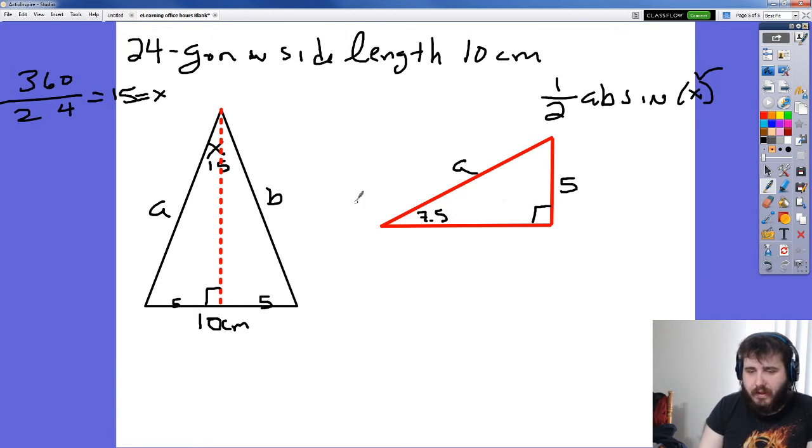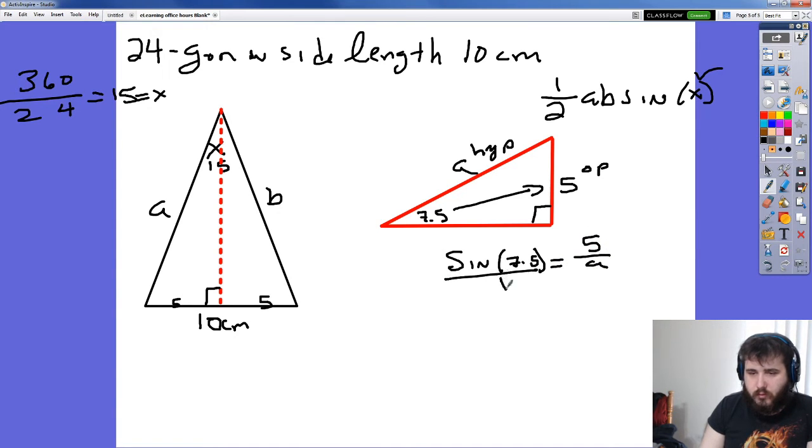Now, looking at this, I'm using SOHCAHTOA. Here's the opposite side. This is the hypotenuse. So, SOHCAHTOA, I'm using sine. And then I'm going to cross multiply and divide.